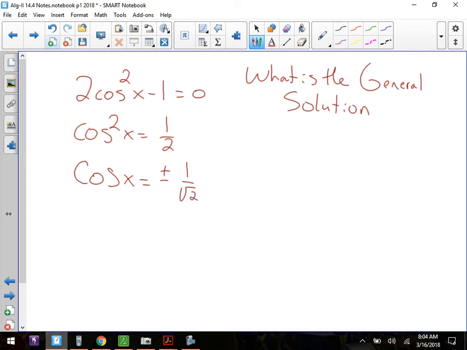And then lastly, what angle has this value? At this point it's pretty quick. Which of the two triangles are we in? We have root 2s.